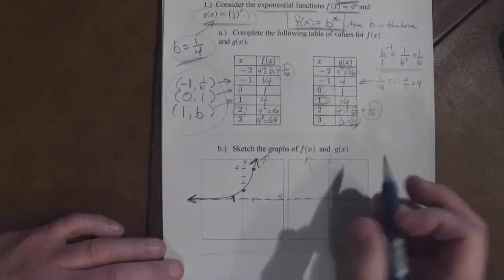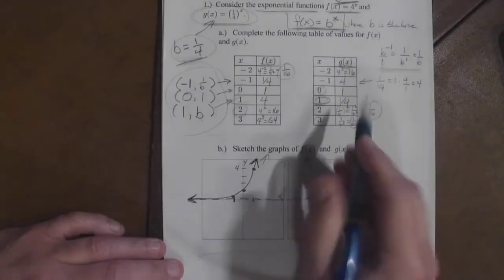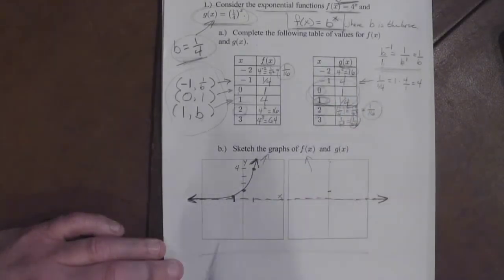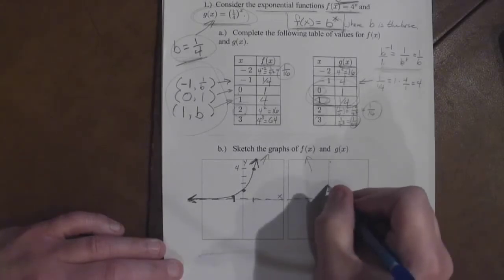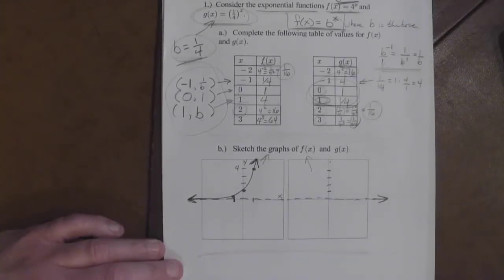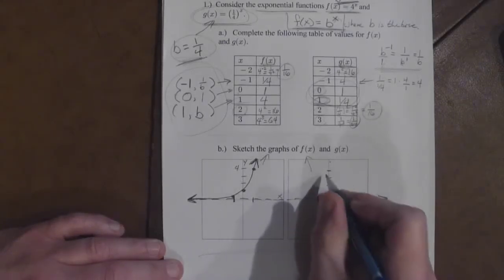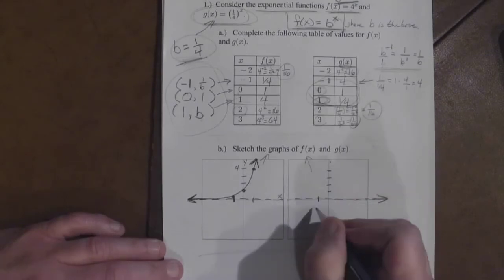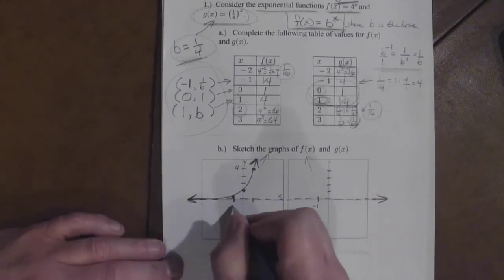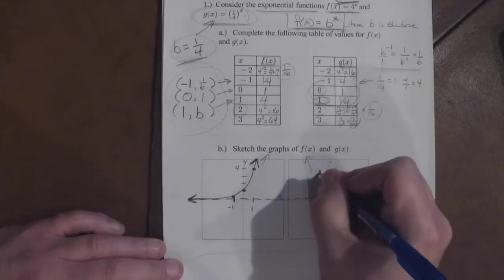In this graph, we would see these points coming into play. So 1, 2, 3, 4 units up my y-axis. But the location, the height of 4, will occur at -1. So -1, 4 would occur up here.